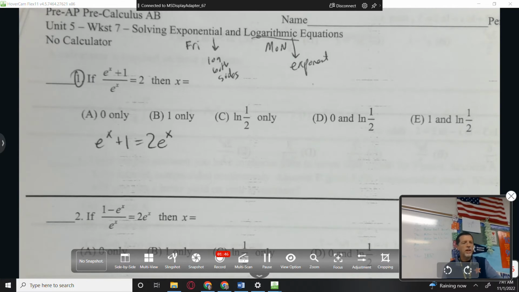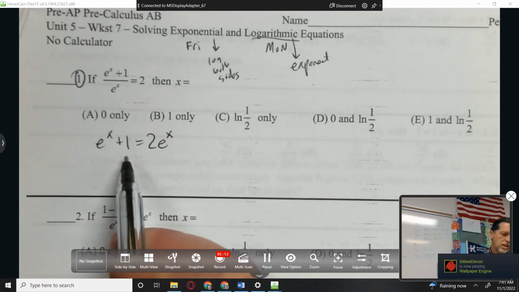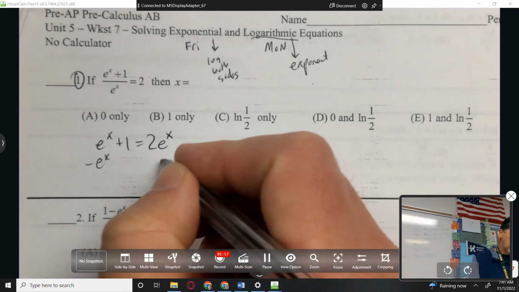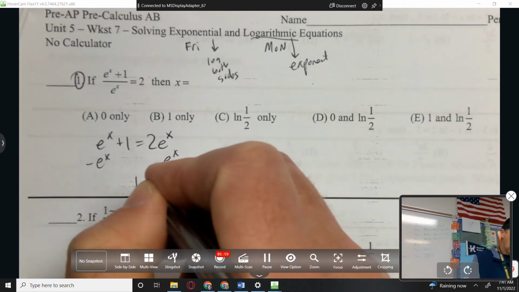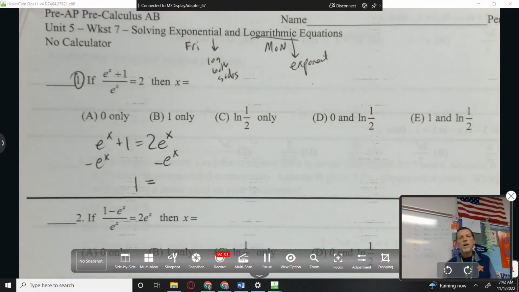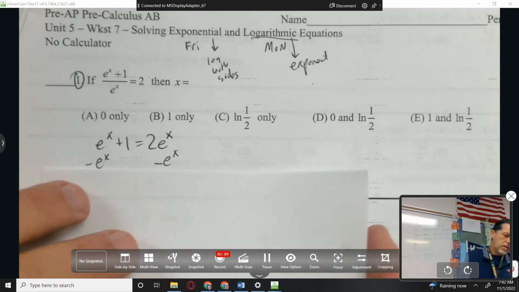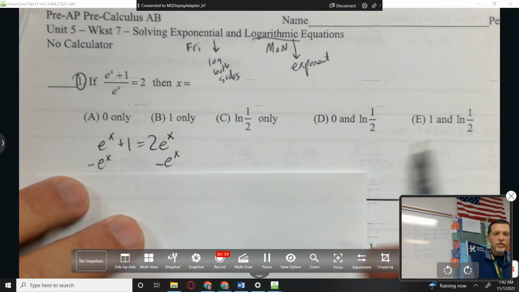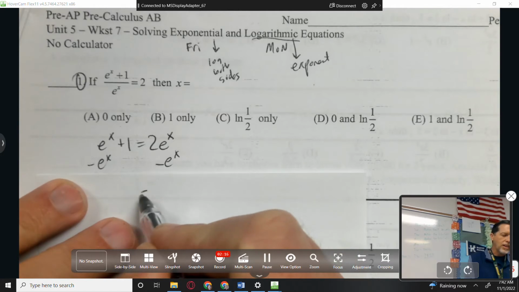What do you want to do next? Subtract. I wouldn't subtract the 1. I would subtract e to the x to get them all on one side. And then here's a really fun Algebra 1 mistake to make. 2 e to the x minus e to the x, Algebra 1 students think you're subtracting off the e to the x and that equals 2.